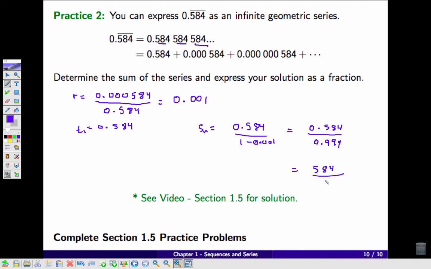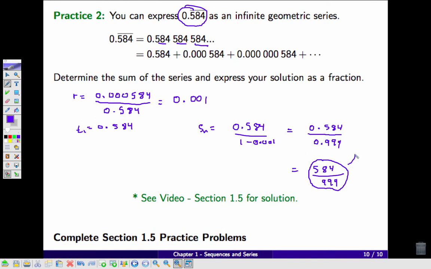I'm going to multiply both terms by 1,000. Then you can reduce from here. It just so happens that you won't be able to reduce this fraction, so there are no common factors in either the numerator or denominator. If you type this into your calculator, you're going to get back this.